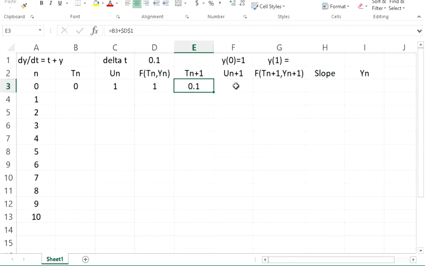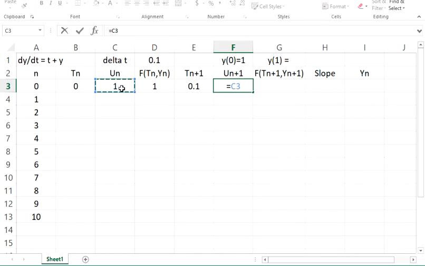In the original Euler's we found un plus 1, which was equal to my un, or my yn at that time, plus f of tn, yn times my delta t, which is 0.1. Again, I want to fix that reference to delta t here. In the original Euler's, this would be my new value to go back and do the whole iteration again. That would be the number we were looking for.